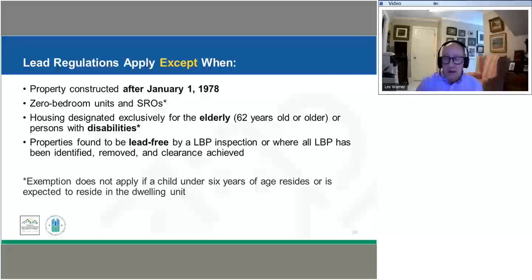So even though it's the owner's responsibility, there's some hand-holding here. Now, for that temporary relocation, that household, depending on the length of time that they're being relocated, needs to be in an appropriate unit. There's a lot more flexibility under the Uniform Relocation Act, which governs how this operates.